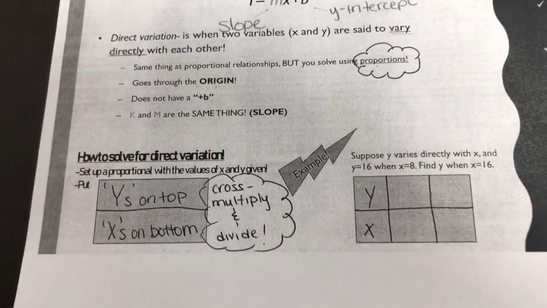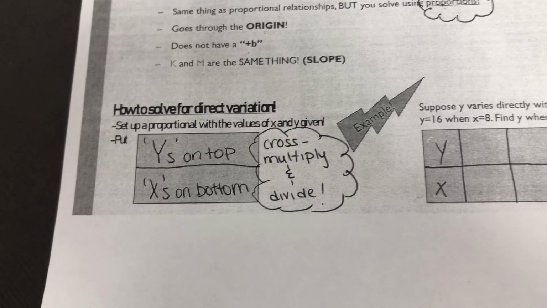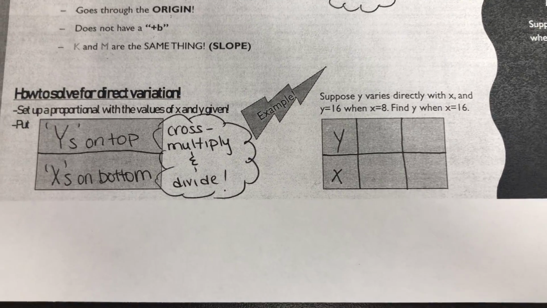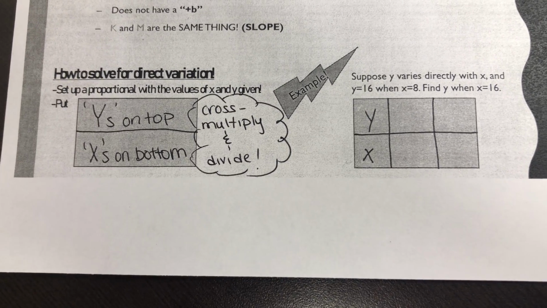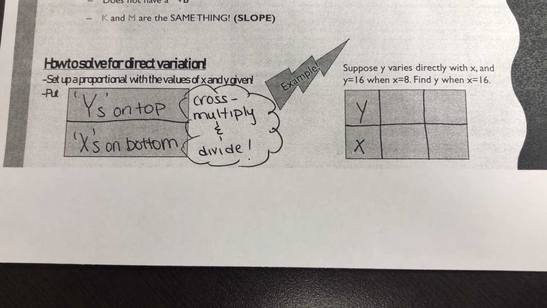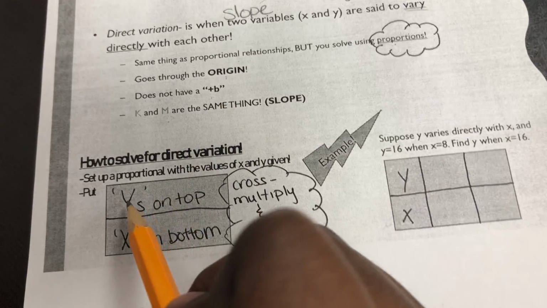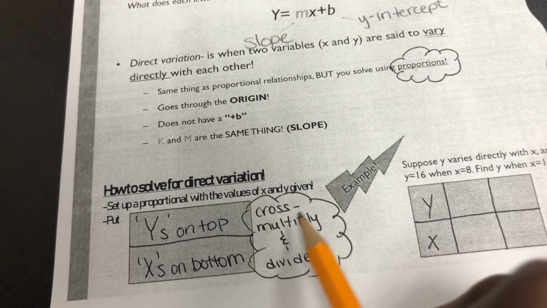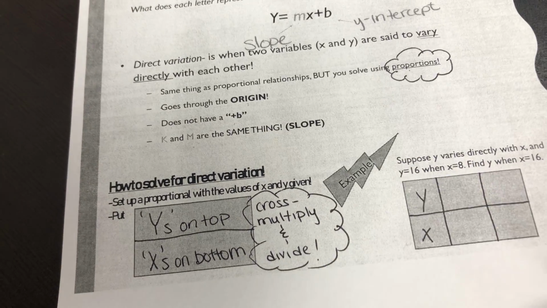Next step, how to solve for direct variation. We have to set up a proportion with the values of the x's and y's that are given. You have to make sure you put the y's on top and your x's on the bottom. After that, you just cross multiply and divide.